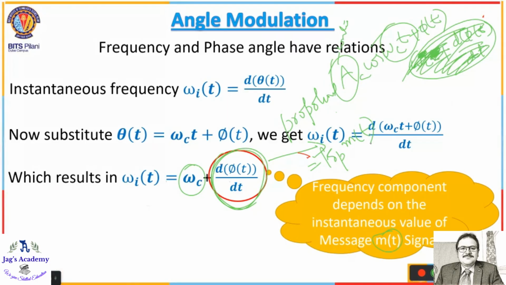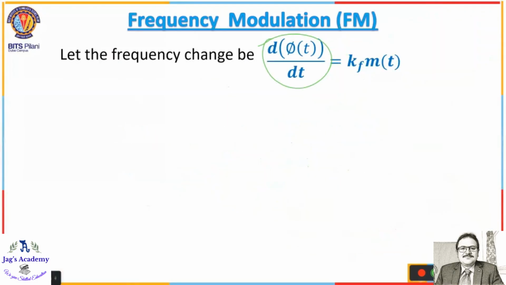So I will directly write that. There is no harm in writing that. So I will write d phi of t by dt is equal to kf into m of t. What is this kf? This is called the proportionality constant. When you write in terms of instantaneous frequency, this is called the frequency modulation proportionality constant.